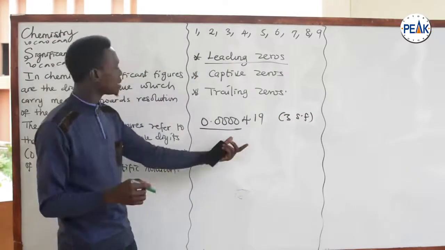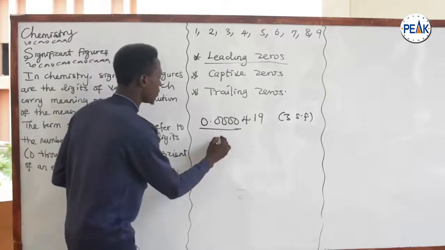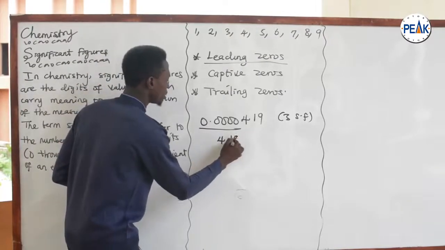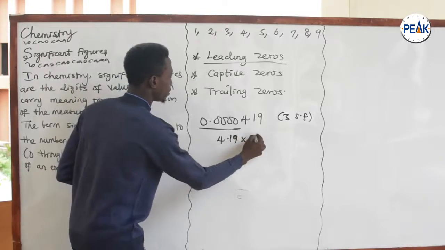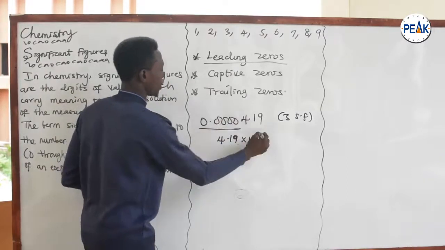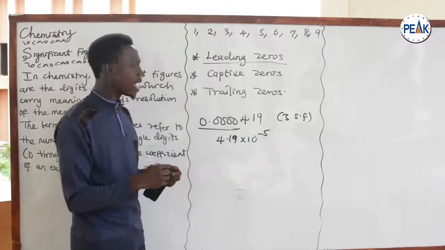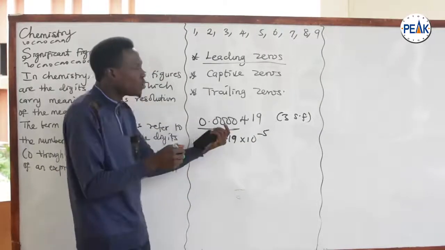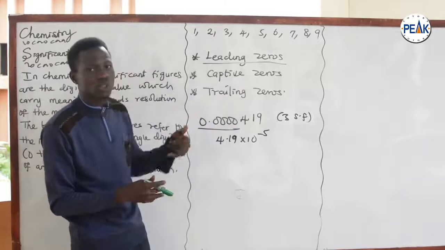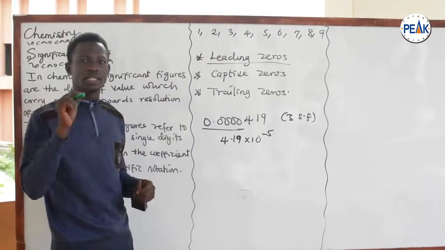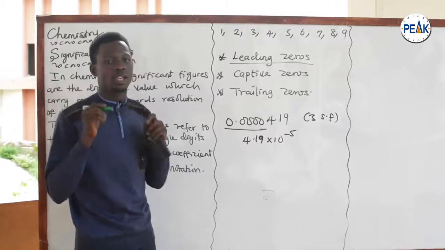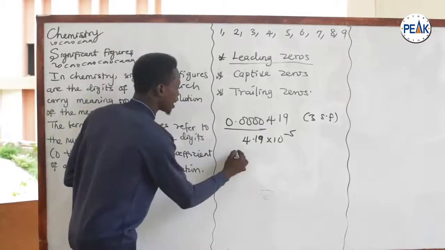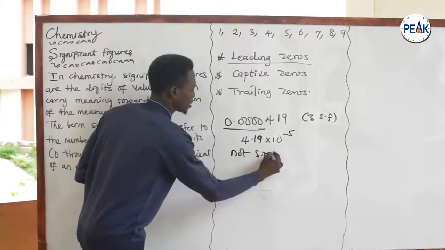If I express this in scientific notation, I'm going to have 4.19 exponential minus 5. So here I have just 3 significant figures. So any 0 that comes before the first non-zero digit in a number is said to be a leading 0. And hence, you should know that leading zeros are not significant.